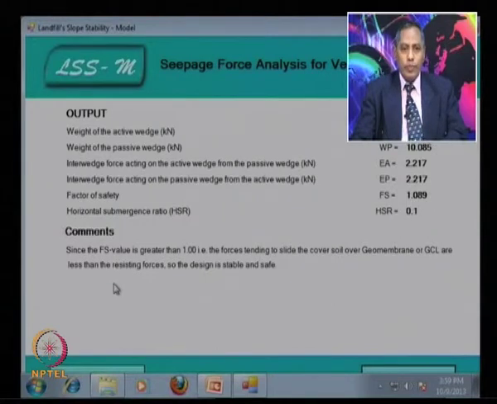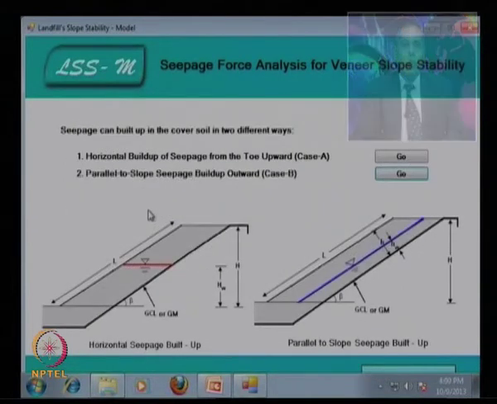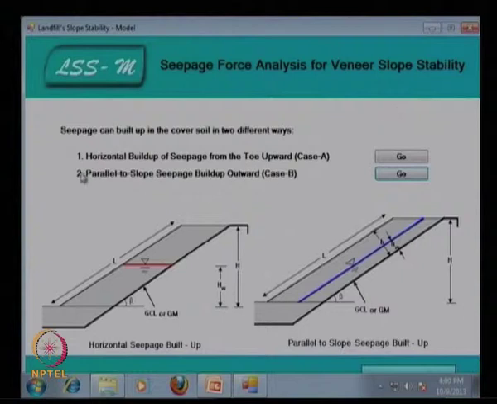So, comment: since the factor of safety value is greater than 1, the force tending to slide the cover soil over the geomembrane or geosynthetic clay liner is less than the resisting force. So, design is stable.